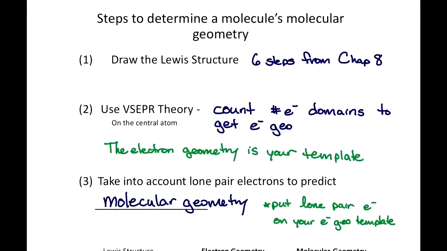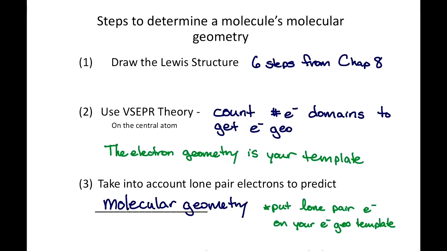So these are the 3 steps to determine a molecule's geometry. All right? The first step is, if you aren't given it, draw the Lewis structure. Obviously that first step may be the 6 steps from chapter 8.